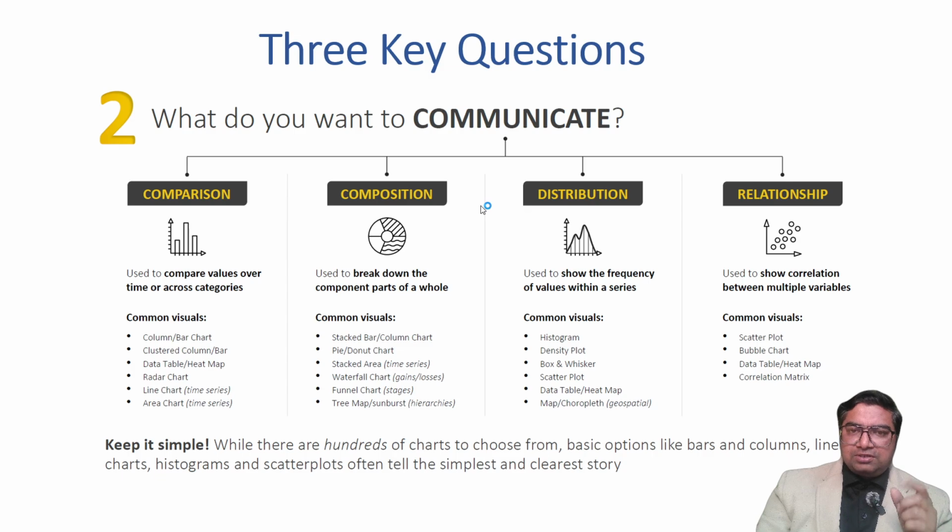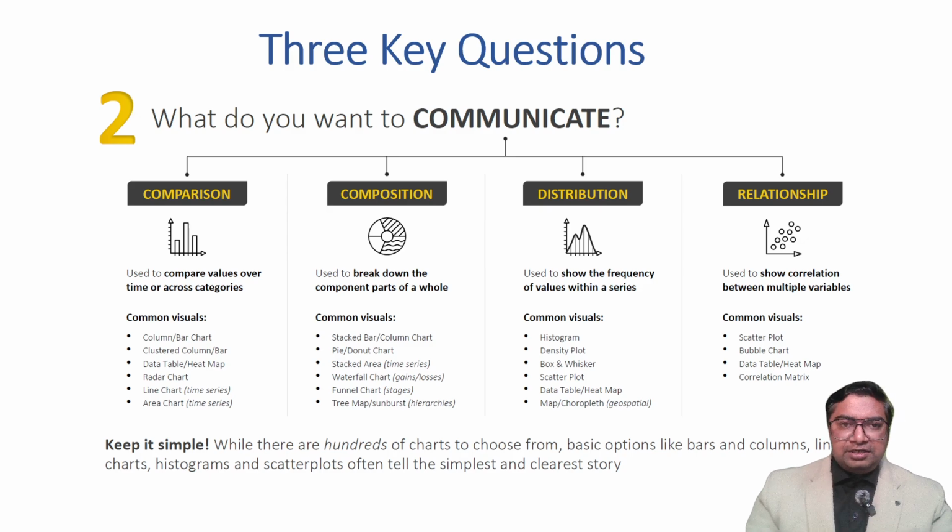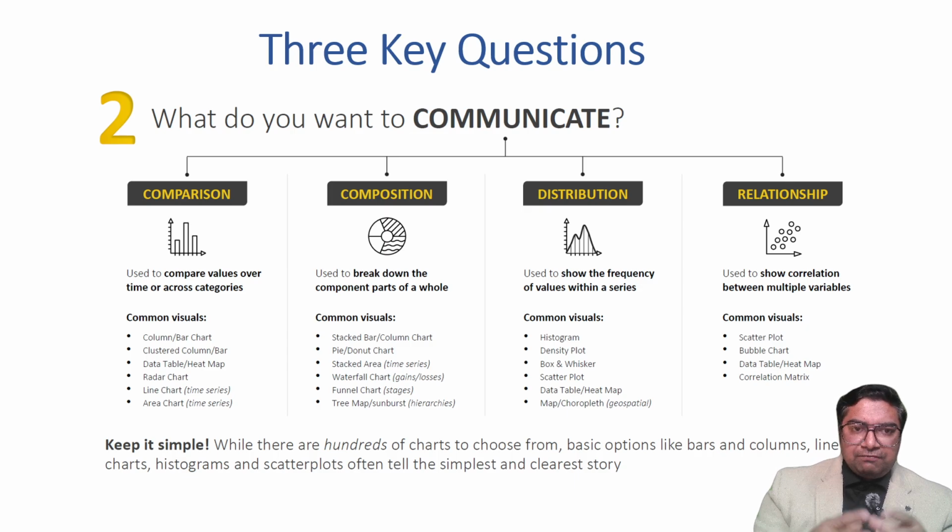Second, come to the second question: what do you want to communicate? Say your data is a comparison of values across time. Then what kind of visual do you make? You can make a bar chart, clustered chart, line chart, or area chart, because it is time series data.